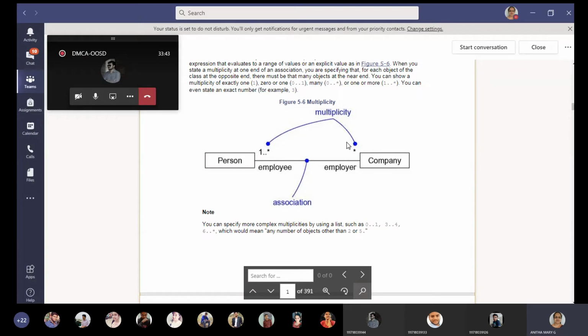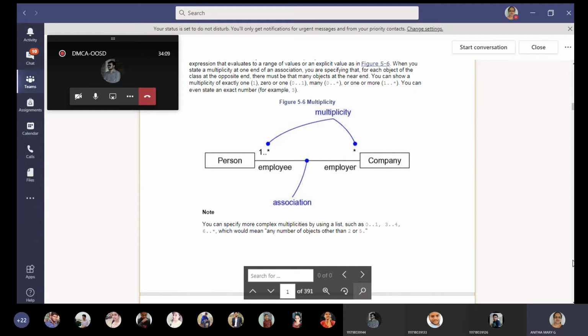So we cannot say that one person works for one company only. It depends on their requirement and their talent, how they manage themselves. So we are giving star here. One or many persons who are employees can work for many companies. That is what we say multiplicity.